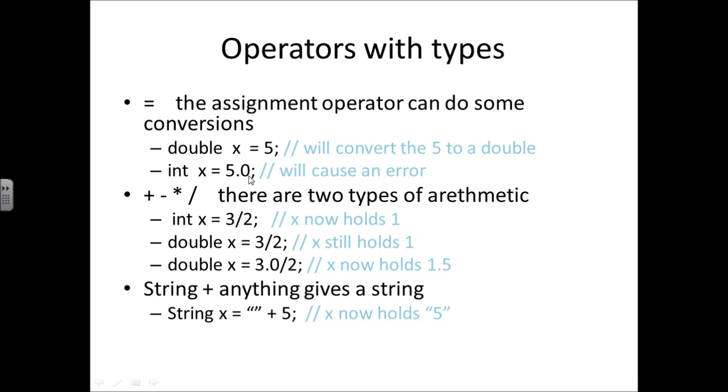Now, I've put a literal here, but this could very well be a variable that's holding a double value. The reason that Java is willing to convert ints to doubles, but not doubles to ints, is because int to double is what's referred to as a widening conversion, and a double to an int is referred to as a narrowing conversion.